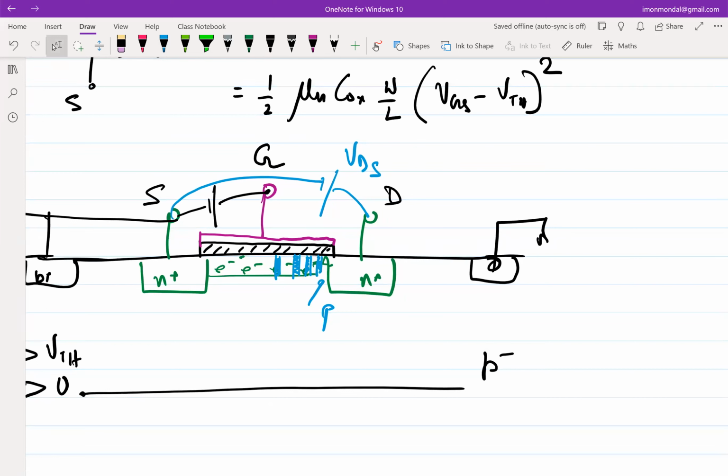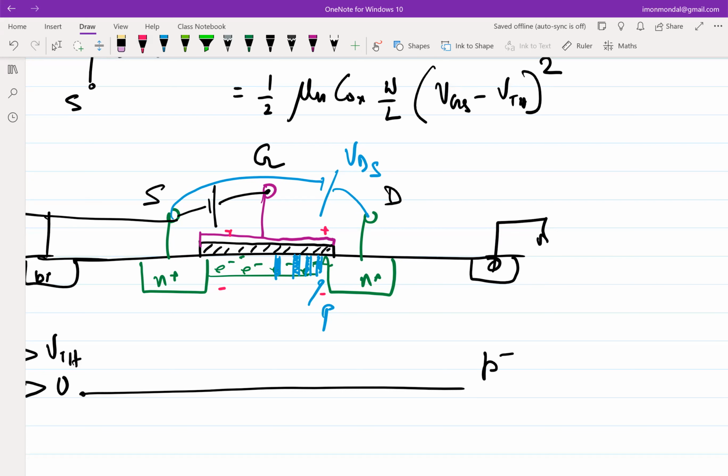So what can you comment on the voltage difference between the gate and the channel towards the drain side as compared to the voltage difference between the gate and the channel towards the source side? Which one will be higher? Effectively, will the MOSFET towards the source side be turned on more, or the MOSFET towards the drain side? Source side will be turned on more, correct?